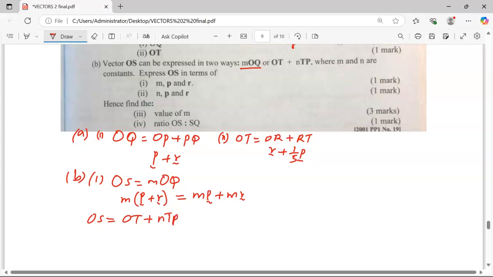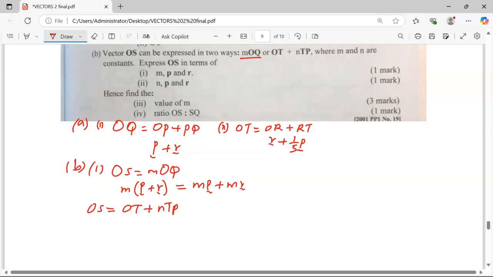OT has been found to be R plus 1 over 5 P vector, plus NTP. We are going to take N and multiply by TP, but we must first get TP.